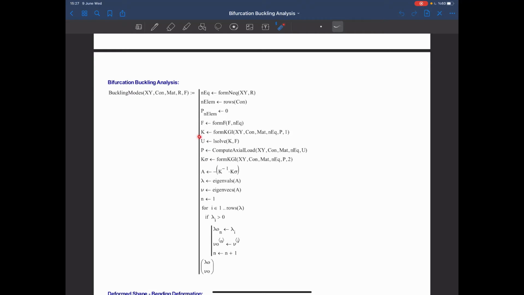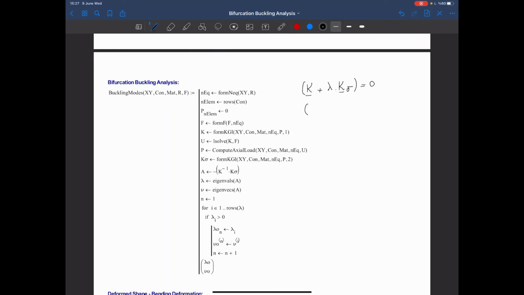So now we have the linear stiffness matrix, we have the geometric stiffness matrix, and we need to solve the eigenvalue problem. Remember that the way we formulate the eigenvalue problem is as follows. Let's write it in here. We say that K plus lambda times the geometric stiffness matrix must be equal to 0.